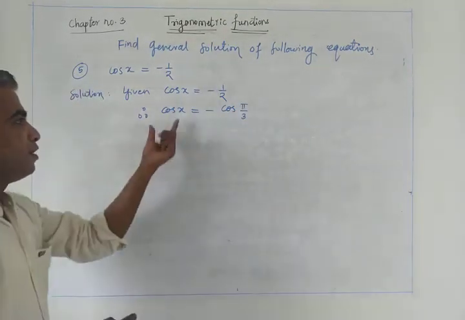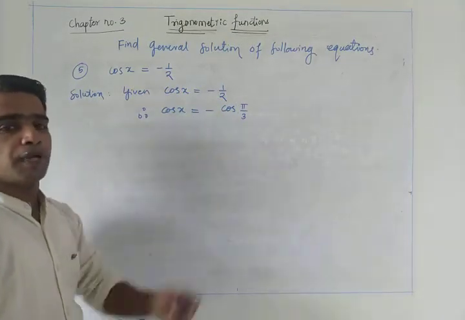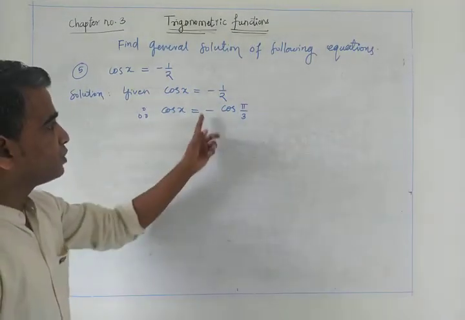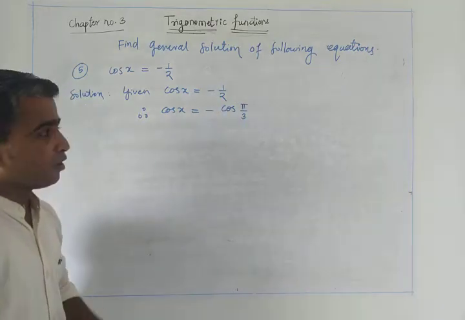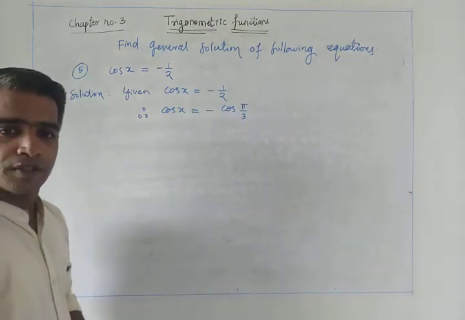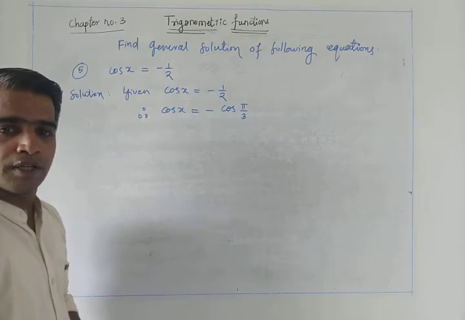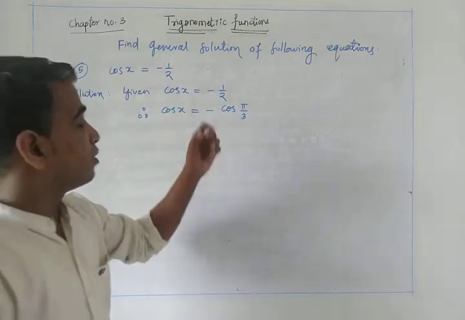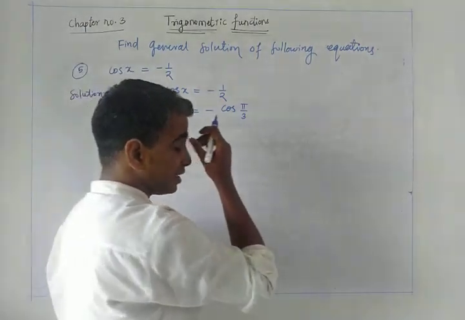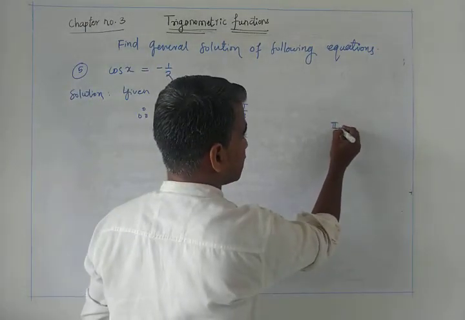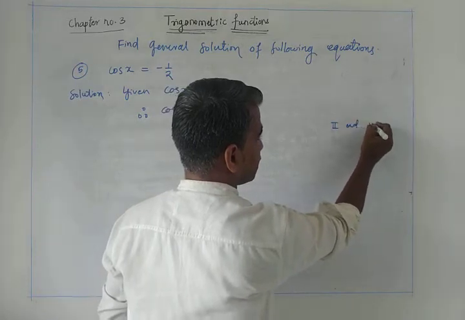So we got that cos x is equal to minus cos pi by 3. Now we have to change this value in terms of positive cos. Now the function is going to change when the cos function is negative, where the cos function is negative in second and third.